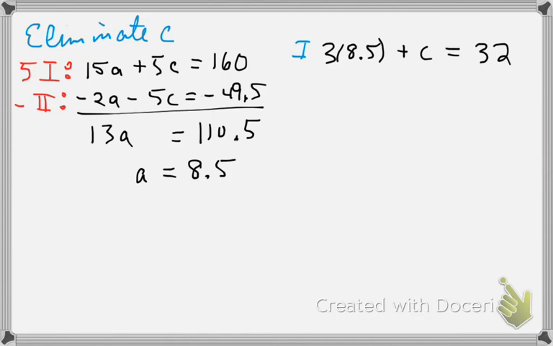You guys agree? $25.5 plus c equals 32. And c equals 6.5. You guys agree?